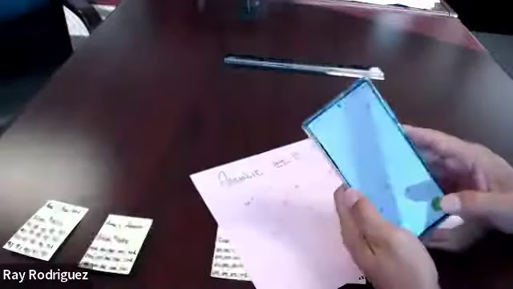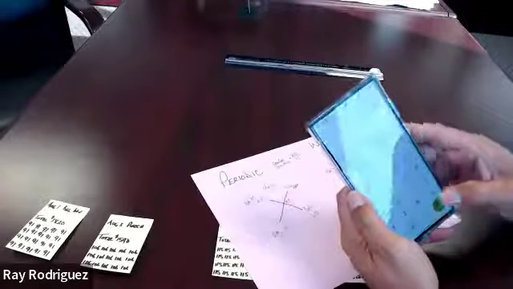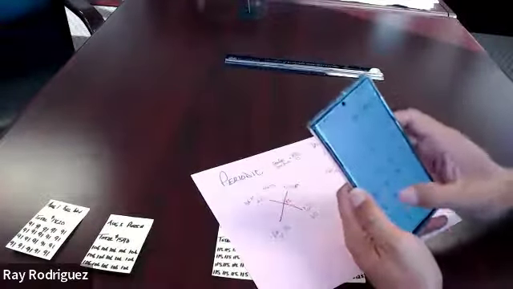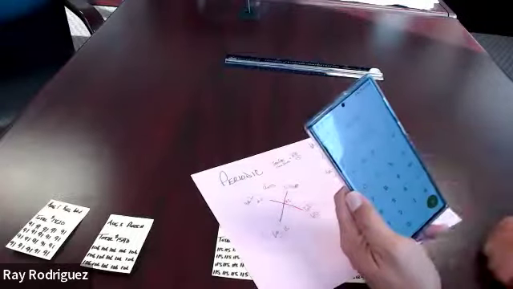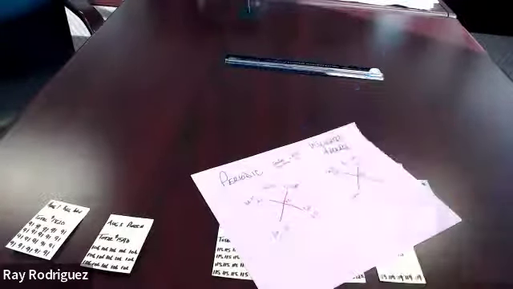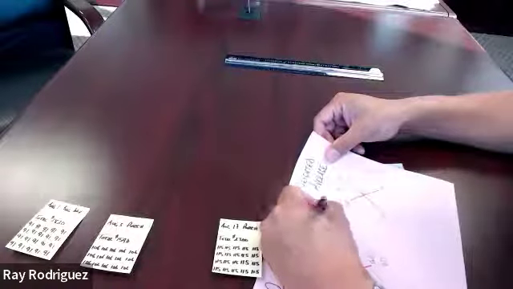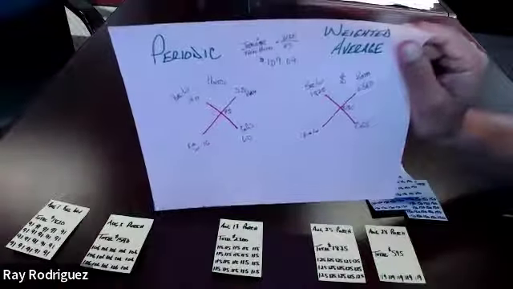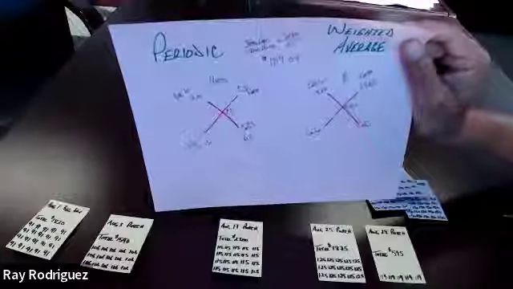So 8180 divided by 75 is 109.07. That's our cost per unit.